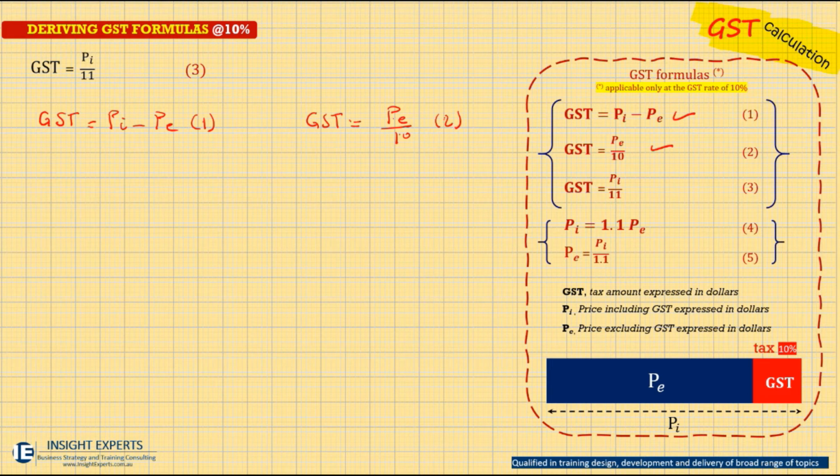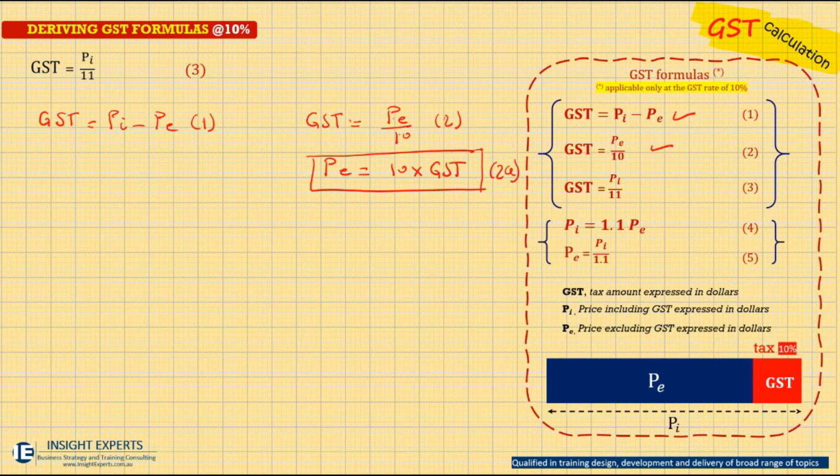At the moment, GST is the subject in equation 2. What I'm going to do is make PE the subject. So in other words, PE is equal to 10 times GST. It's the same formula, just rearranged to make PE the subject. And I'm going to call this equation number 2a.